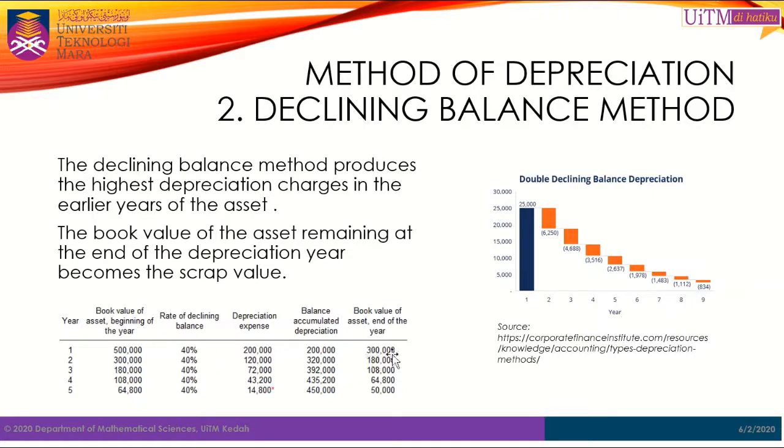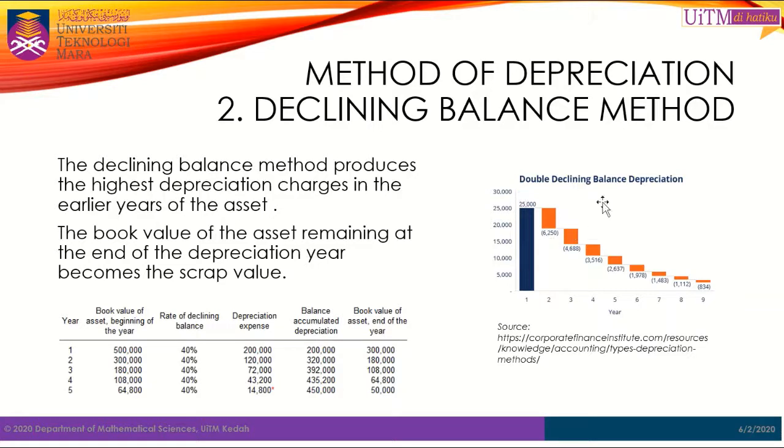This book value will be used in the second year to calculate the second year depreciation. Basically, the rate of depreciation is being applied on a value that is declining. That is why it is called the declining balance method. Okay, so this is the situation.